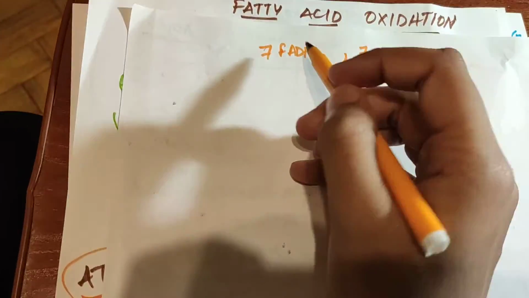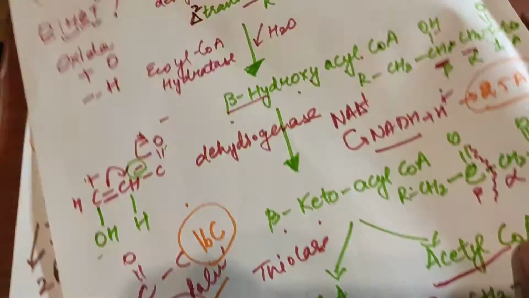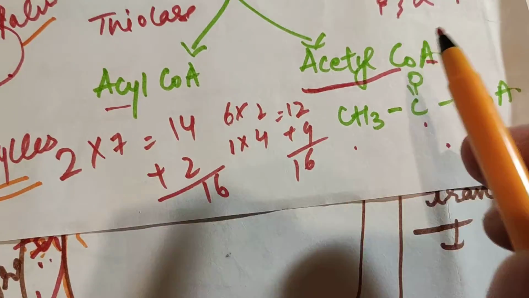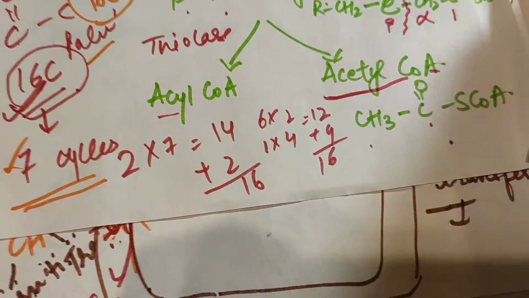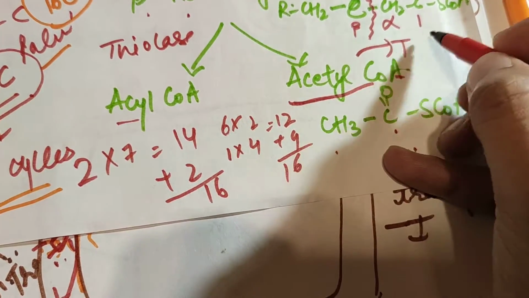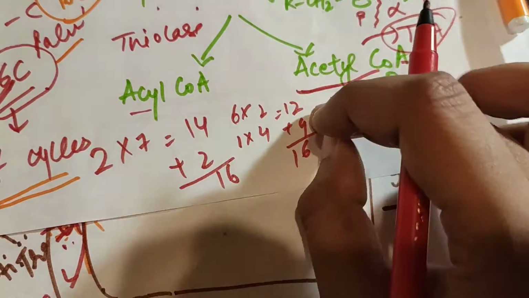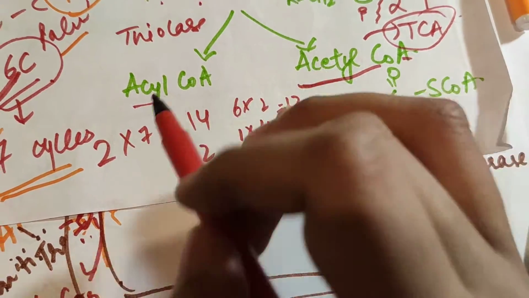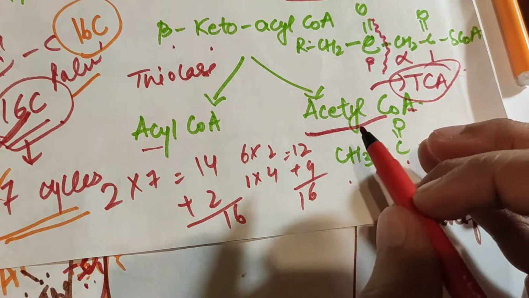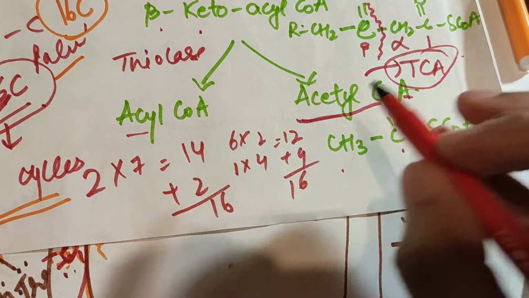Now, one more thing I want to tell you: this acetyl coenzyme A which is formed, where will it go? This acetyl coenzyme A will go to the TCA cycle, the Krebs cycle. You know acetyl coenzyme A will react with oxaloacetate and convert into citrate.